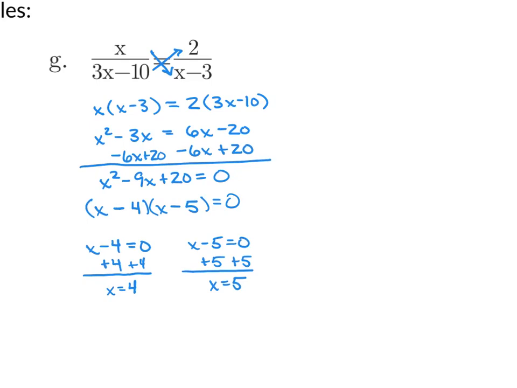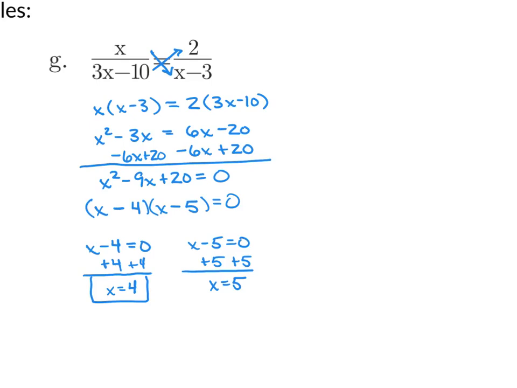All right, so now let's check our answers. If we plug into the first one with the 4, 3 times 4 is 12. Minus 10 is 2. It is not 0. 4 minus 3 is 1, not 0. So we can keep our first solution. What about 5?